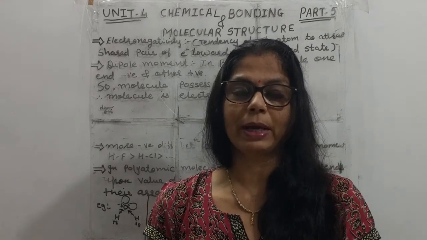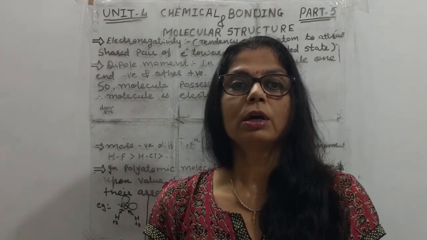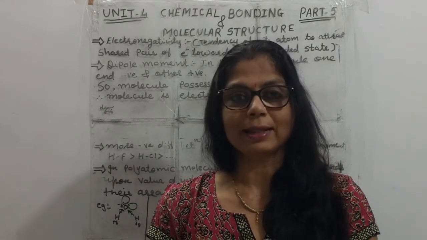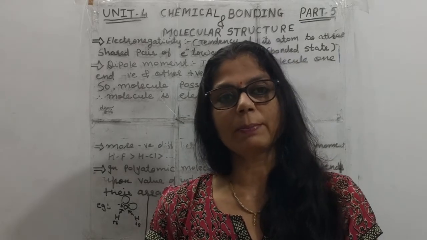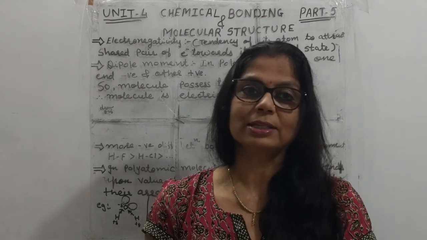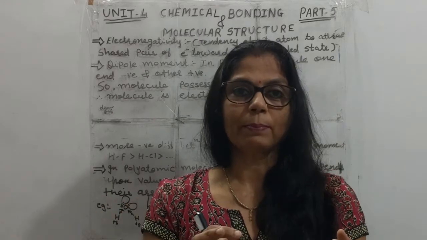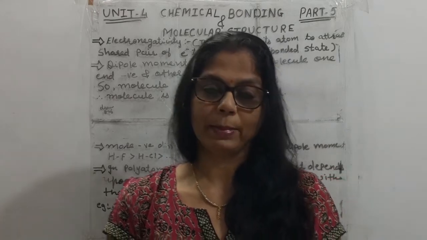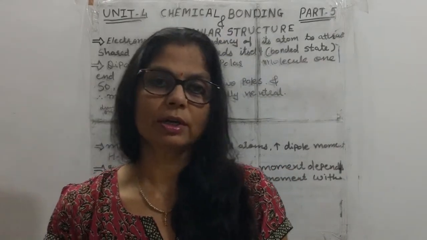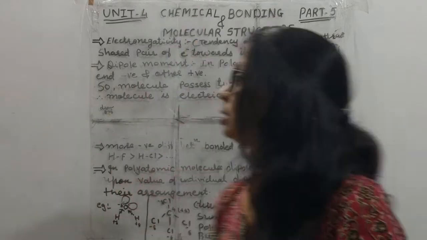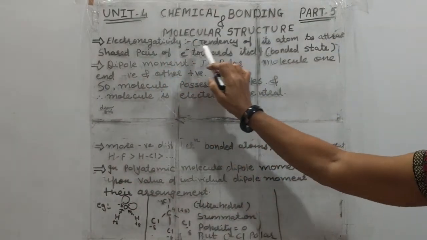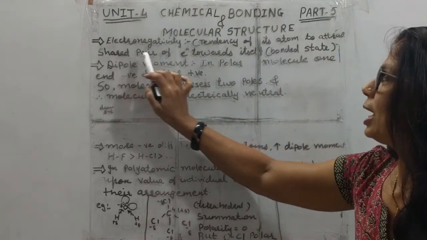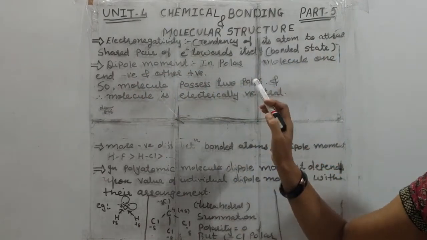Student, keep that in your mind. The shared pair of electrons: one is stronger or more dominant than the other to attract the shared pair of electrons towards itself, and that's why the electron pair is nearer to the more electronegative element. Now let us read the definition from the board. Electronegativity means the tendency of an atom to attract the shared pair of electrons towards itself.